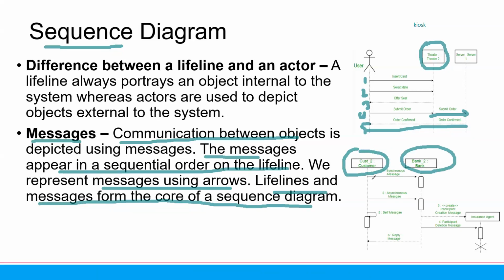And the first is a synchronous message. So the customer would like to request something. So we have a box here. This box means something that will be processed by the bank. And the customer can send another message, an asynchronous message.